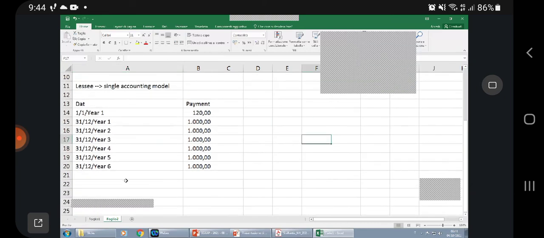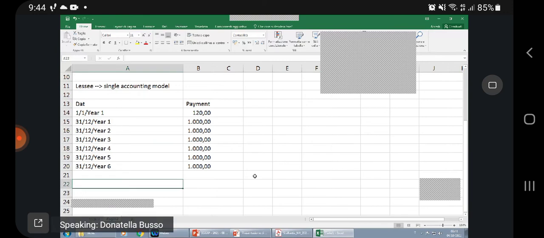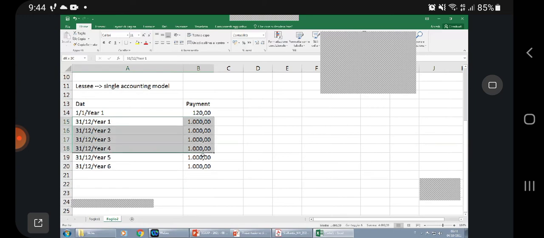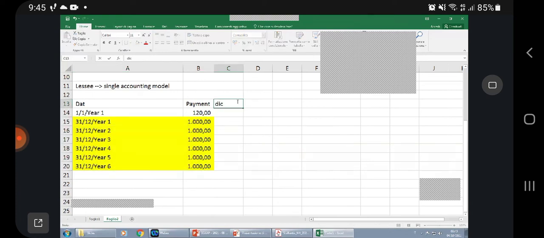Now, first step, we need to determine the lease liability. In order to determine the lease liability, we need to compute the present value of the future payments. Okay? So in order to determine the lease liability, only the 6 installments of 1,000 have to be considered. The discount period is 1 for the first, because it's at the end of year 1, 2, 3, 4, 5, 6.